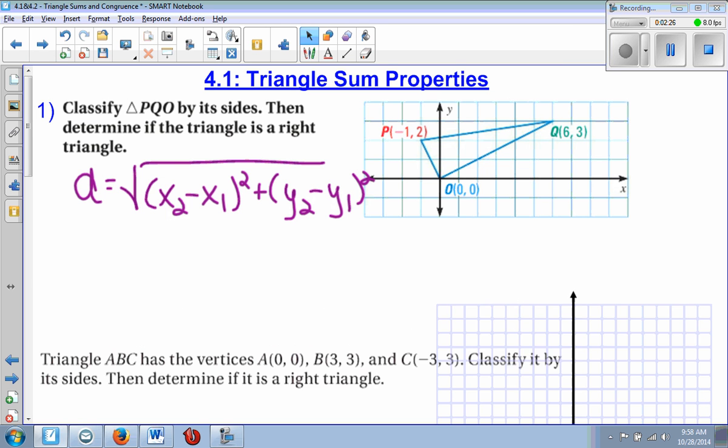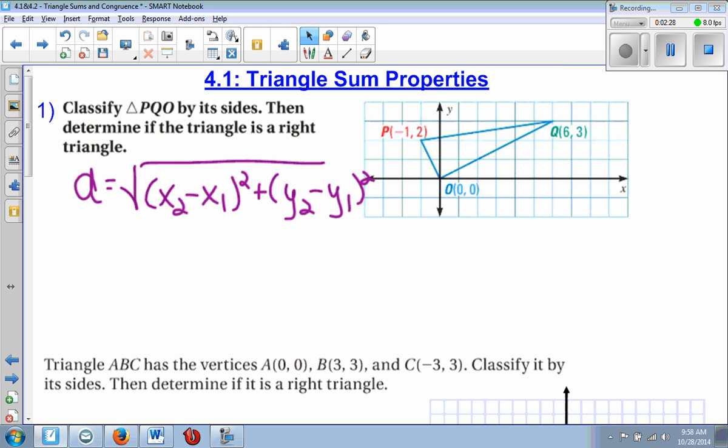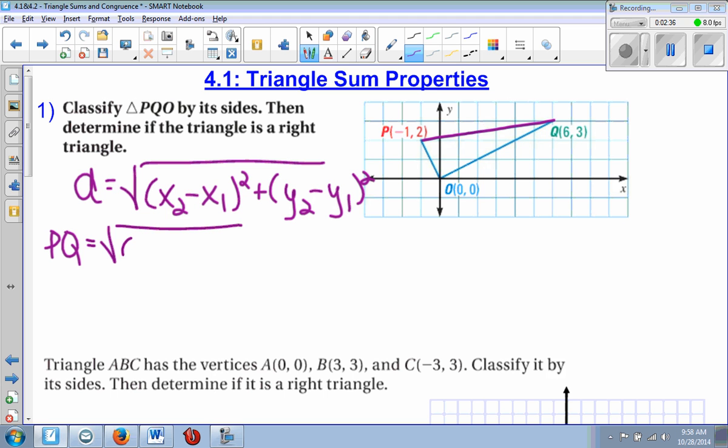in this triangle. So I'm going to start by doing the first side, and I'm going to find the length from P to Q. So the length of PQ would be written as -1 minus 6 squared plus 2 minus 3 squared.